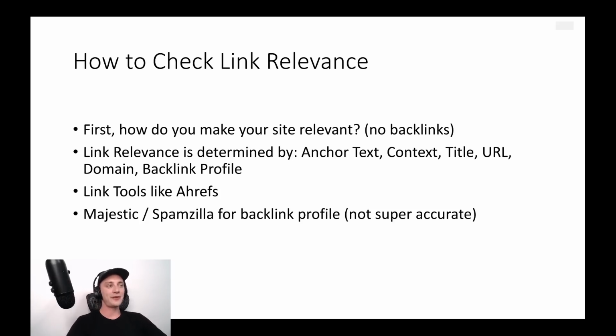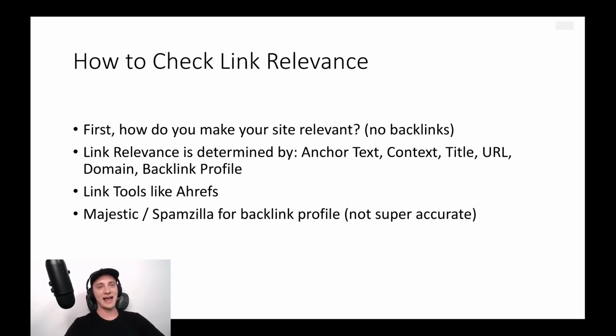So I told you that Ahrefs is my favorite linking tool, and it is my favorite linking tool. But for the last part that we were kind of looking over, the backlink profile of the site that's linking to you, there are also Majestic and Spamzilla, which incorporates some of Majestic's API. Majestic can actually do some pretty cool stuff.